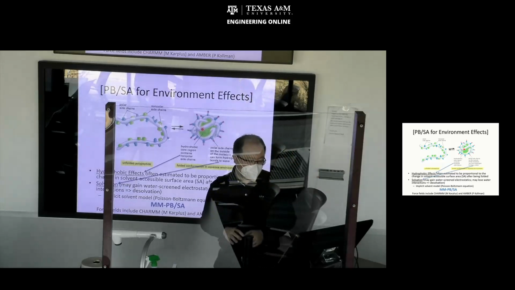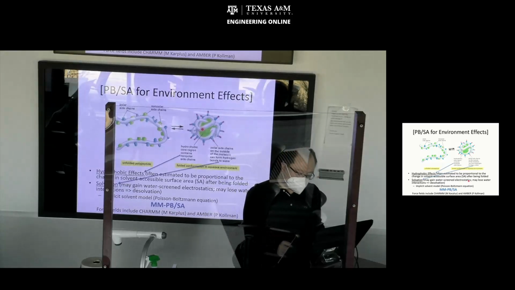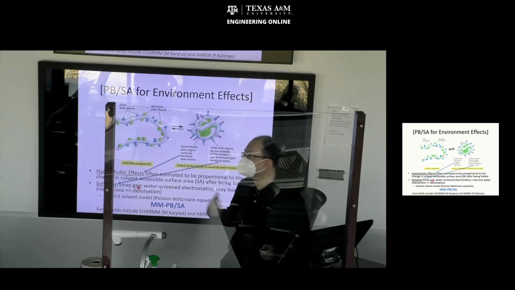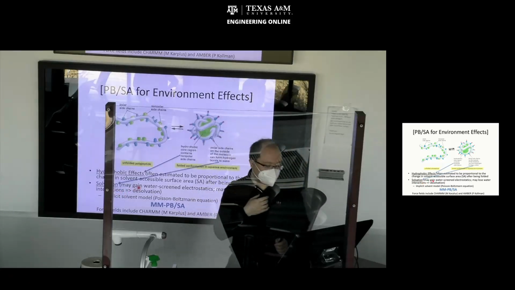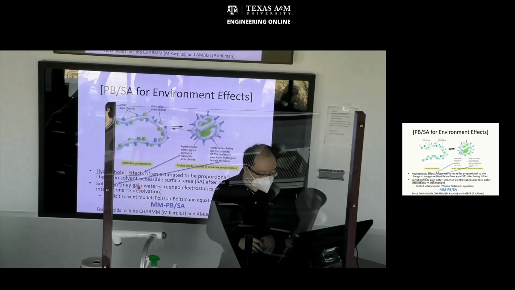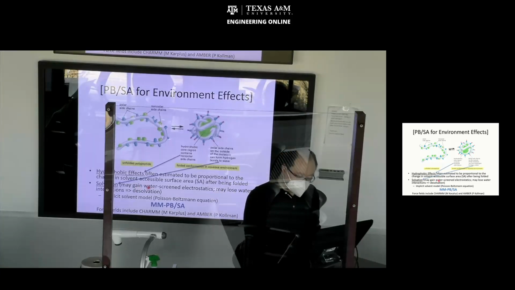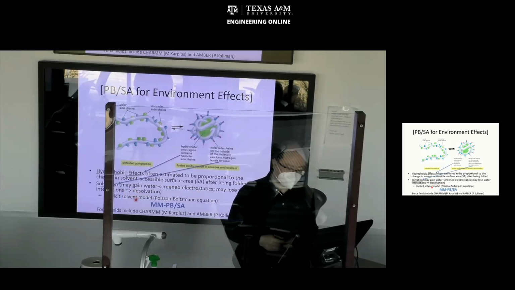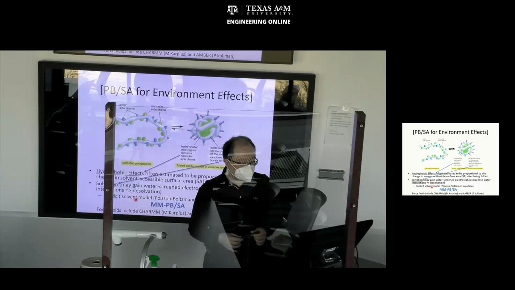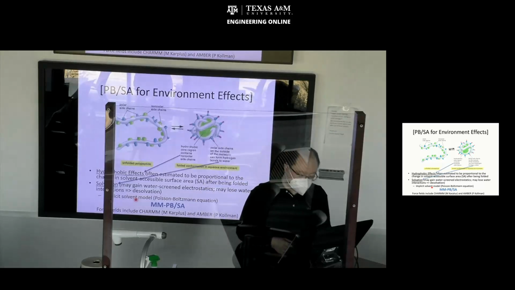But it also lost interactions with waters because it's hidden from the waters now. So this is called desolvation. You are gaining the water-screened electrostatics, but you are also losing the interaction with waters. So this model to calculate the environment effect is often called MMPBSA.